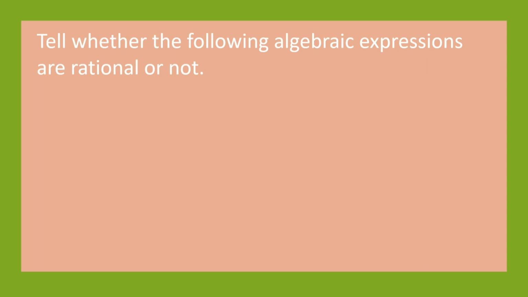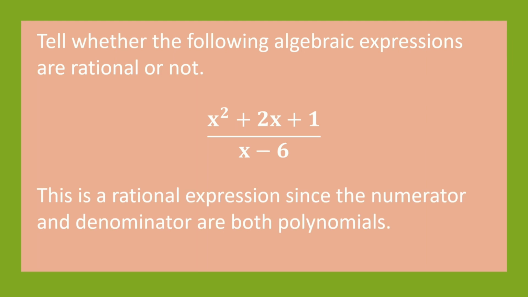Alright, let's have these practice exercises. Tell whether the following algebraic expressions are rational or not. x squared plus 2x plus 1 over x minus 6. Alright, this is a rational expression since the numerator and denominator are both polynomials.